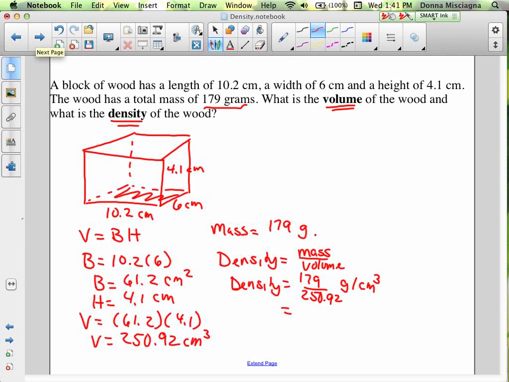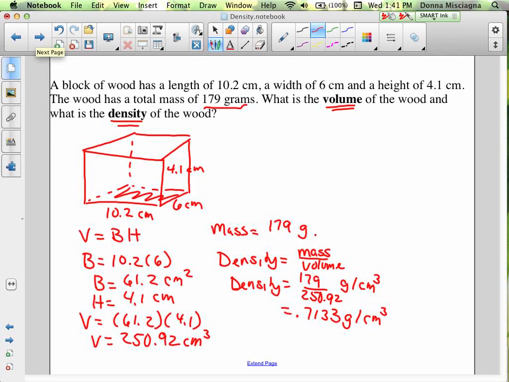What does that simplify out to as a decimal number as opposed to a fraction? 0.7133? And our units would be grams per centimeters cubed. The mass units divided by the volume units.